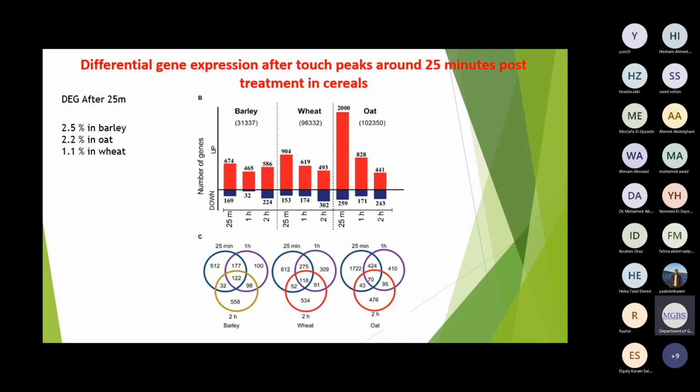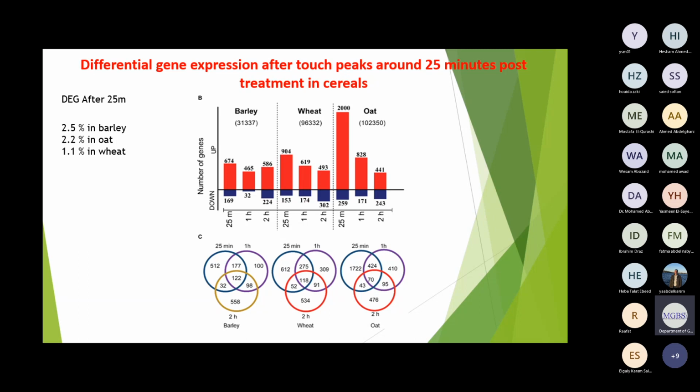And in this Venn diagram, it shows the overlap between the different time points in barley. This means that these genes are expressed after 25 minutes, these after 1 hour, and these after 2 hours. So we need to check the overlap of genes between these 3 time points.